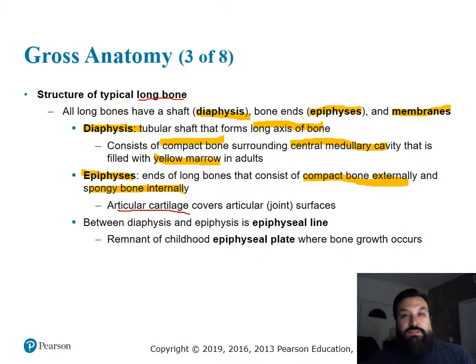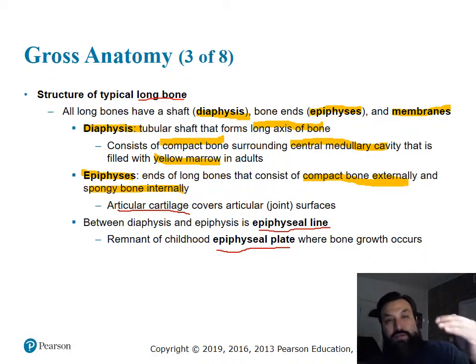Between the diaphysis and the epiphysis is what we call the epiphyseal line. The epiphyseal line is a remnant. It's a leftover line that used to be what we call the epiphyseal plates. This is left over from childhood, when long bones had a thin piece of cartilage between the diaphysis and the epiphysis.